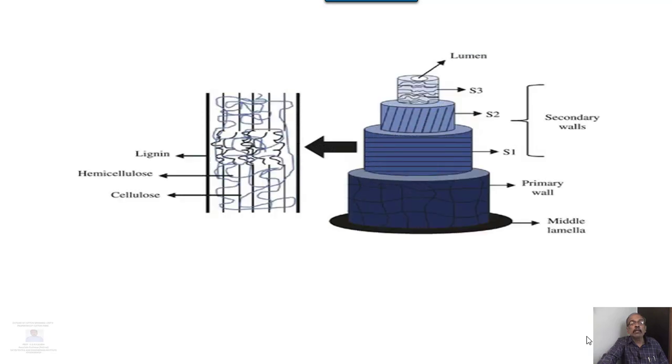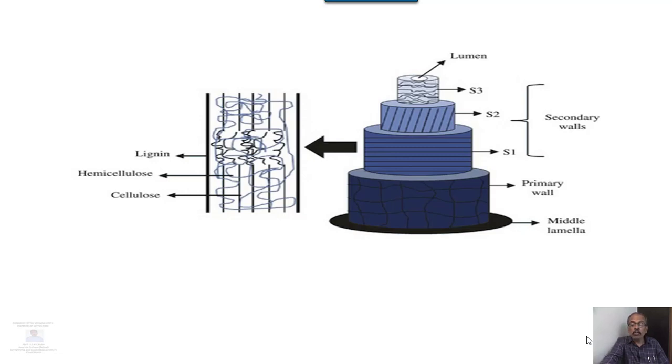Bigger lumen is there. Now this is depicted in this particular diagram, in this slide: hemicellulose is contained, then the lignin is there, and the cellulose deposits are there, and inside one can see the lumen, the innermost thing. S3, S2, S1 are the secondary wall deposits, the primary wall is the outer wall, and then the middle lamella is there on the fiber surface.